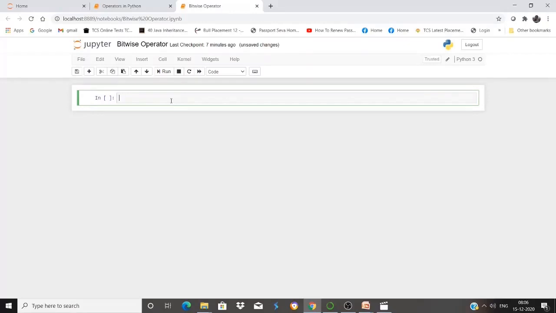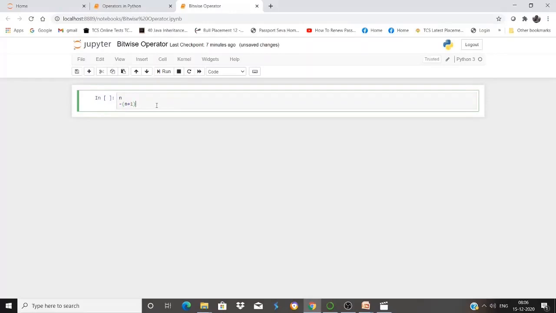If you are applying the bitwise complement operator on the decimal number n, your result will be minus of n plus 1. Both n and n plus 1 are in decimal form. So let's verify this formula.